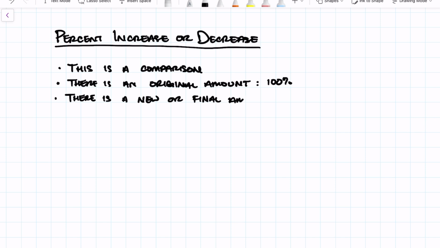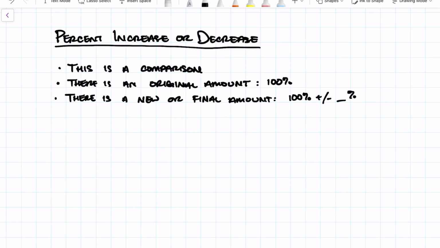The reason why I'm writing both of these is ultimately you have to be able to know that there's a difference here, right? Let me explain this real quick. There is a new final amount, and the new final amount is generally going to be 100% plus or minus a new percent.